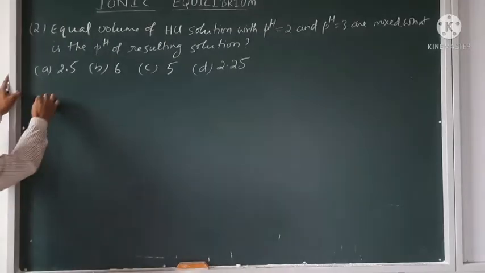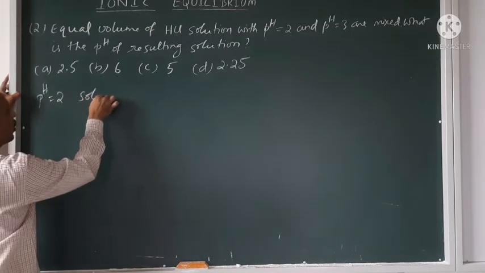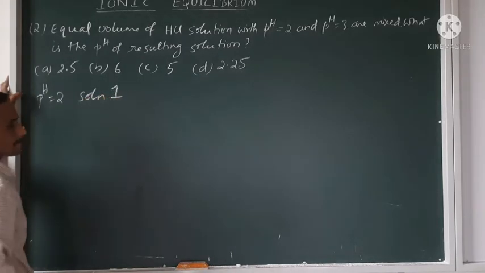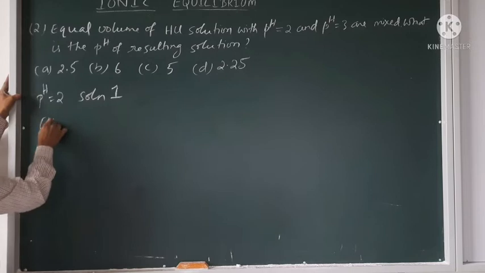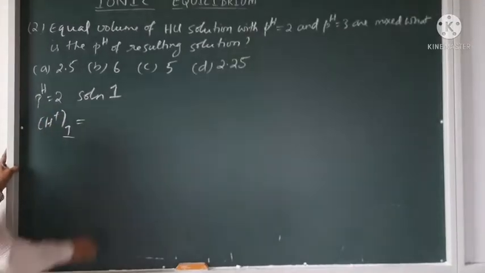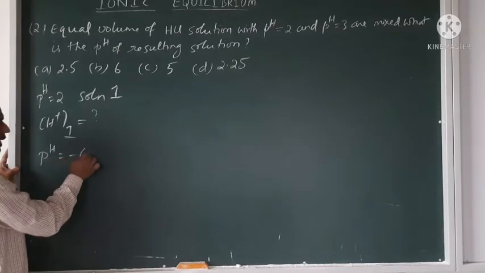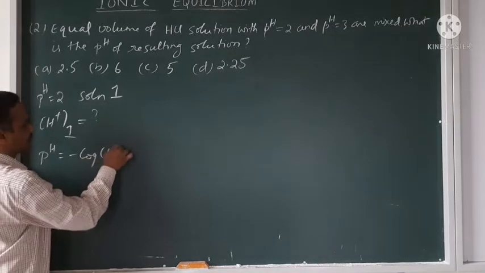See, for the pH 2, I take it as solution 1. Get the H plus concentration of solution 1; you calculate it. How is it? pH is equal to negative logarithm of H plus.